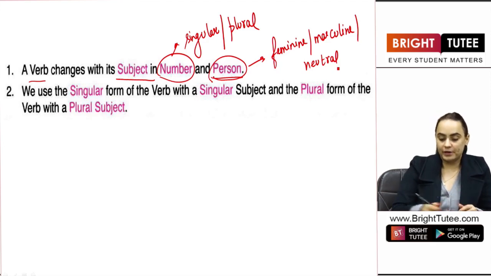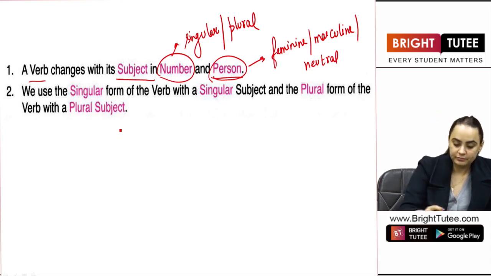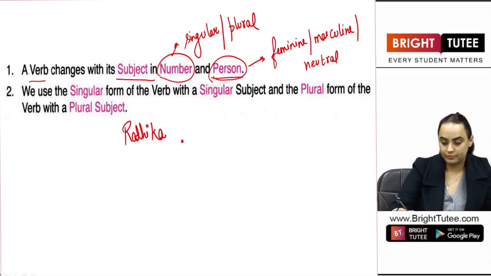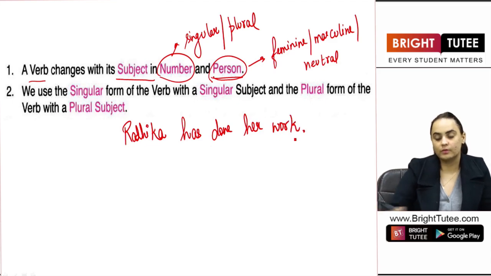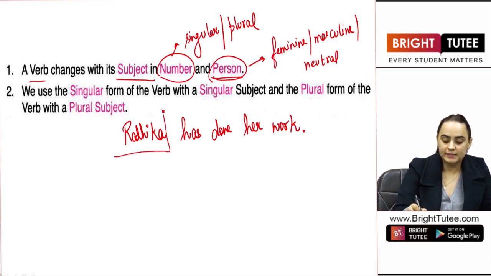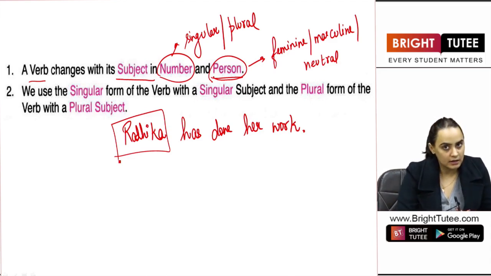For example, as I had given you the example, Radhika has done her work. In this sentence, my subject is this girl, Radhika.